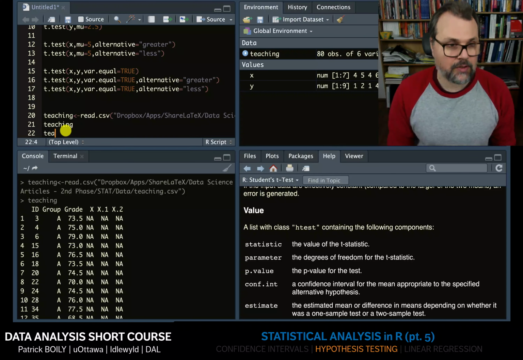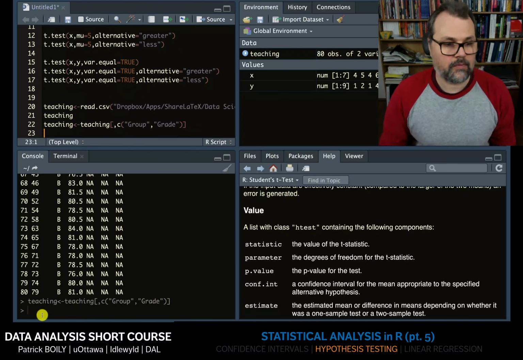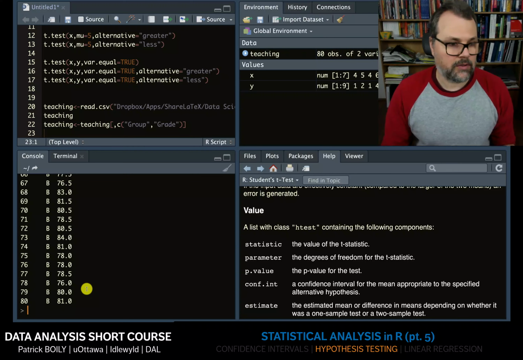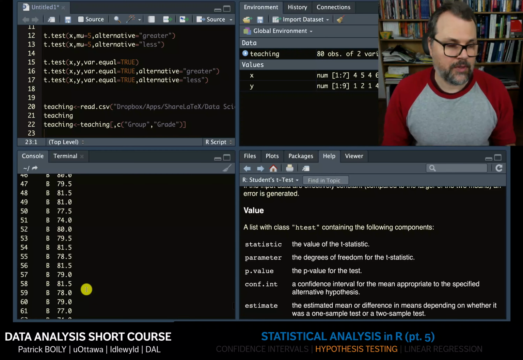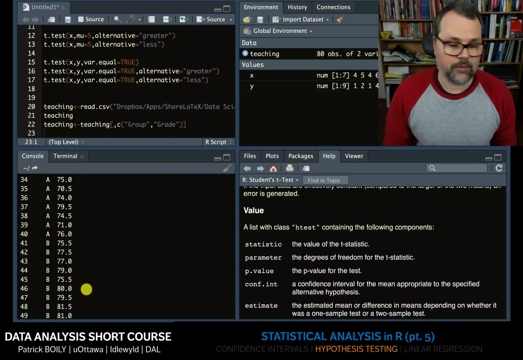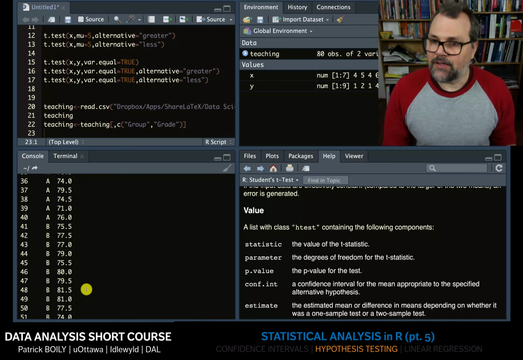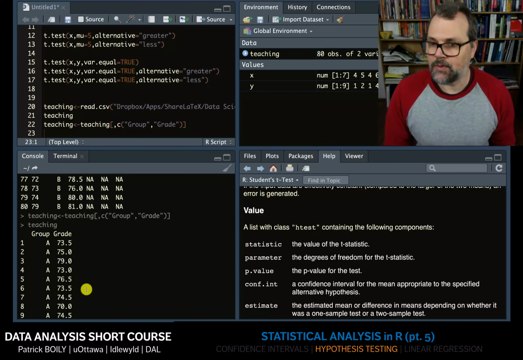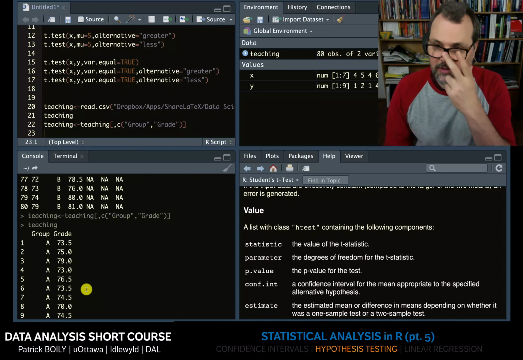So I'm going to stick to the actual columns that I'm interested in, which is the group and the grade. So now if I look at teaching, this is what it looks like. My students in my control group A and my students in my study group B. Is there enough evidence here to suggest that the new method is effective as measured by the test performance?